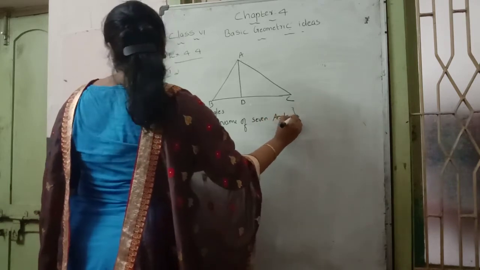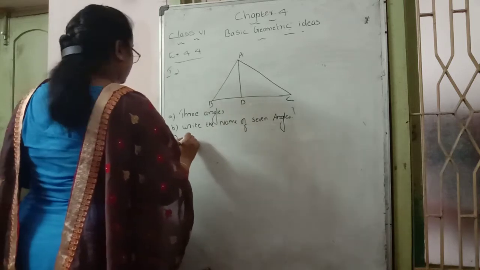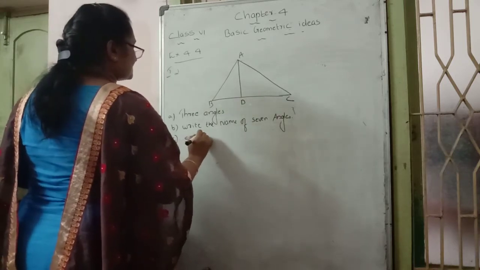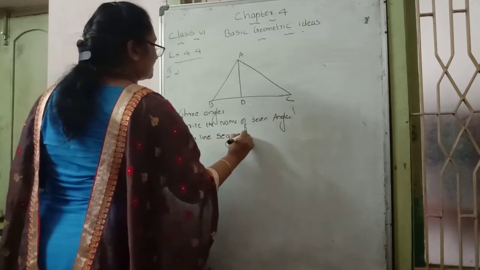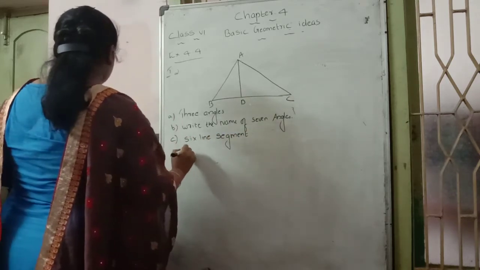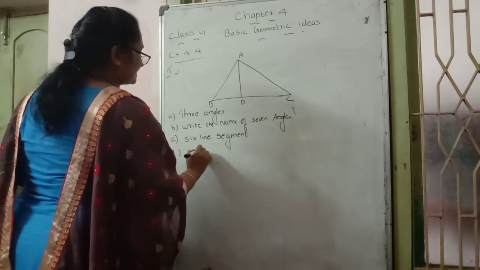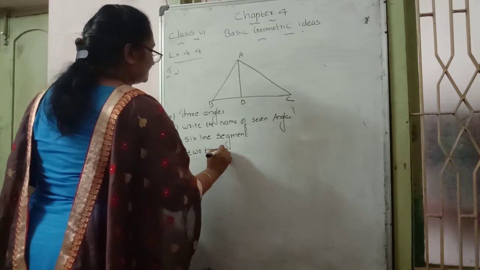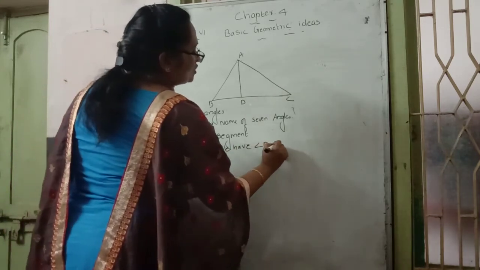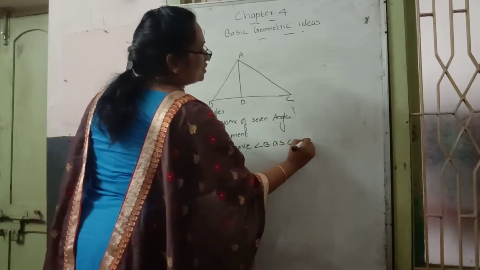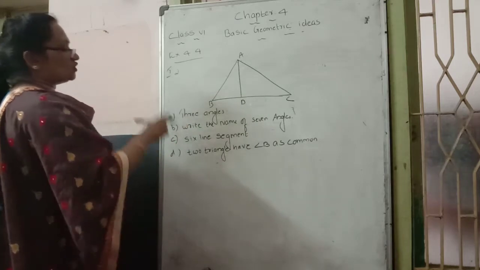The C part asks us to write the names of six line segments. The D part asks us to write two triangles that have angle B as common. In this way they ask four questions related to this diagram.